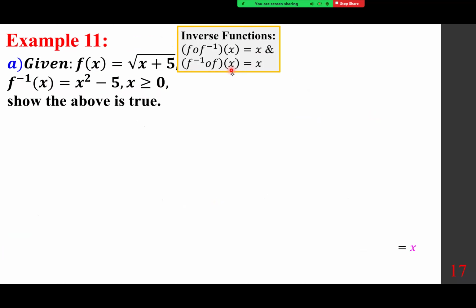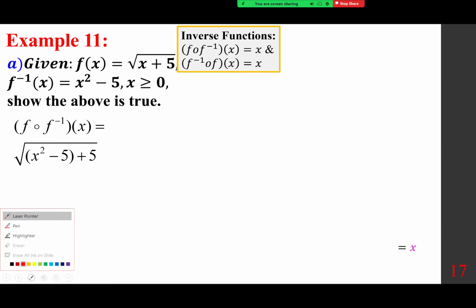So f of f inverse of x means you will replace the x with x squared minus 5. These two cancel each other. You get square root of x squared and it's equal to x.